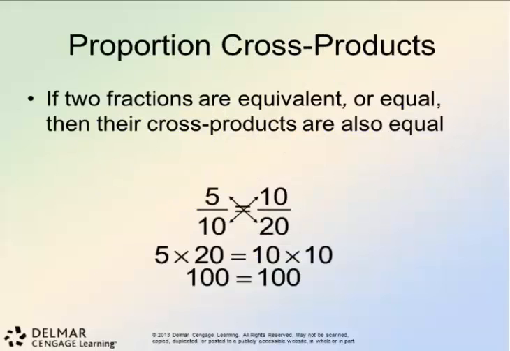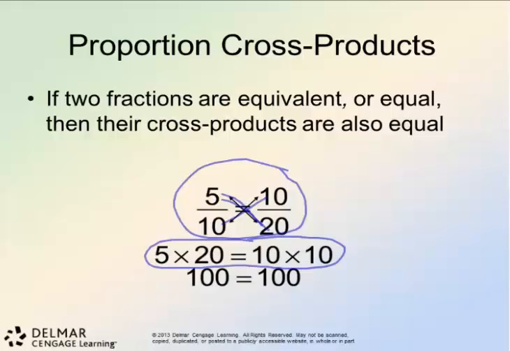Now, the reason it is helpful to do those cross products is because generally when you have a proportion, one of the values is not known, one of the numerators or one of the denominators. So multiplying across like that and getting those cross products will give us an equation that will be pretty easy to solve.